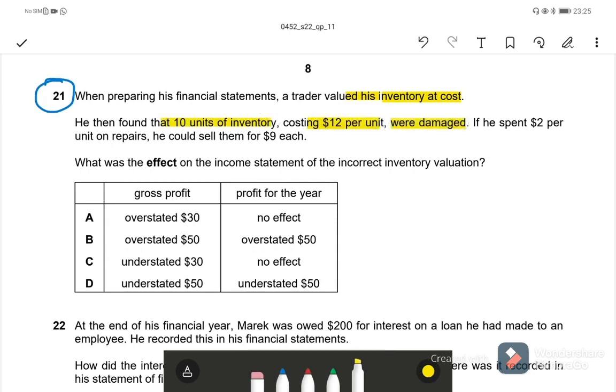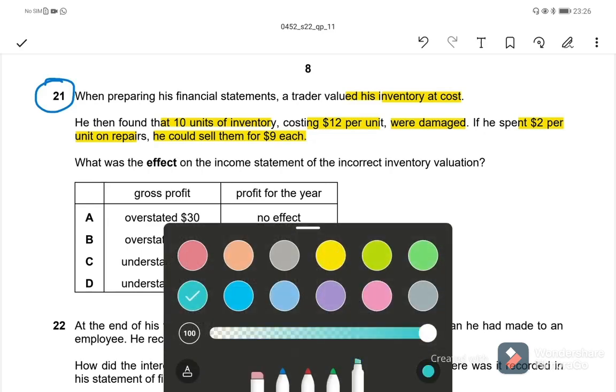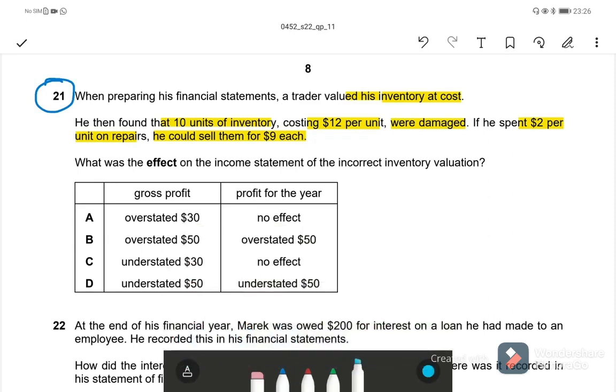If he spent 2 per unit on repair, he could sell them for 9 each. What was the effect on the income statement of the incorrect inventory valuation? When the inventory is not correctly entered, what will be the effect? That is the question.